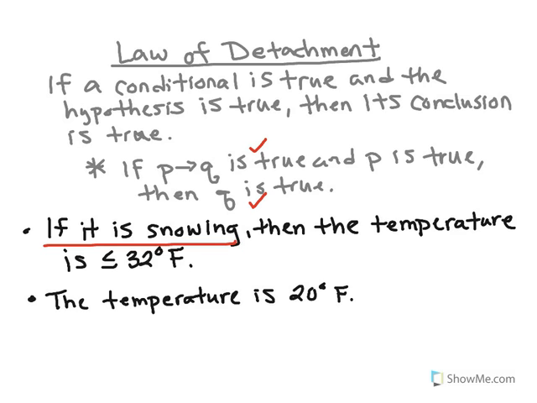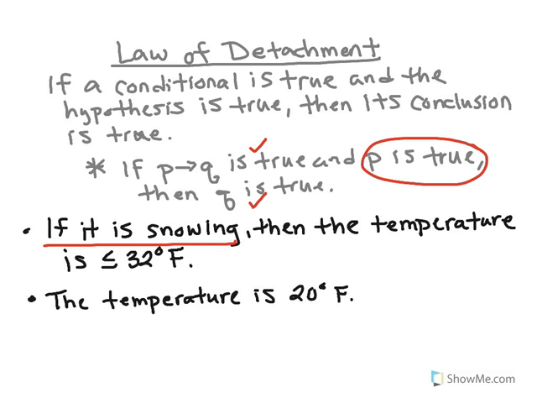But if that part is not shown to be true, if this part is neglected, then I can't draw a conclusion at all. So my conclusion here is that there is no conclusion. I cannot determine whether it's snowing or not. Just because it's 20 degrees outside doesn't mean that there's snow falling from the sky.